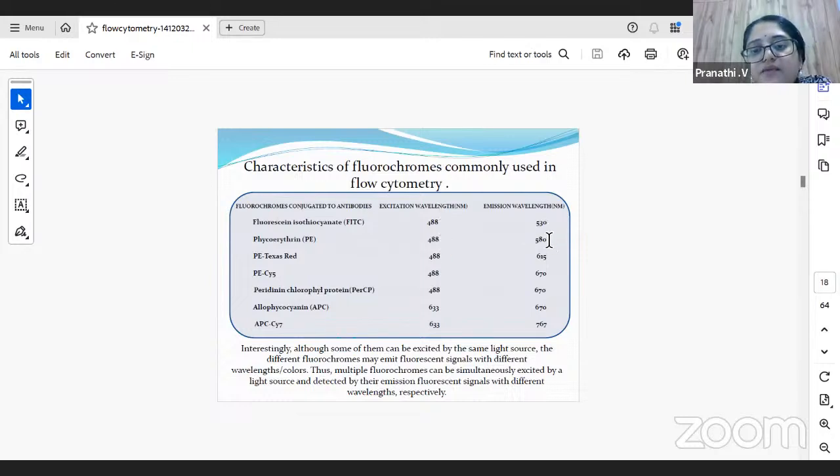But for emission wavelength, if you put two different filters, you can get both wavelengths, and at the same time you can see a green and a red color. For example, I'm just telling you: you can see fluorescein isothiocyanate and, at the same time, phycoerythrin together in the same cell. So multiple fluorochromes can be simultaneously excited by a light source and detected by the emitted fluorescent signal with different wavelengths respectively.